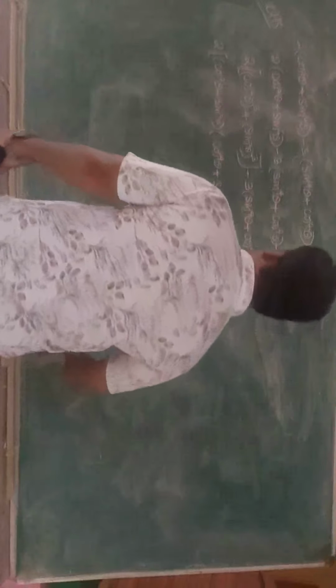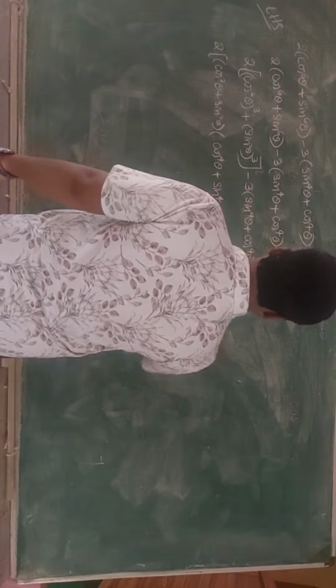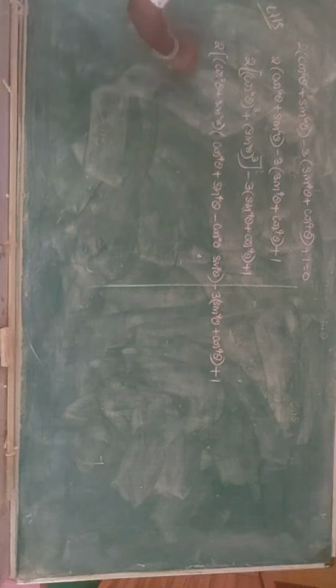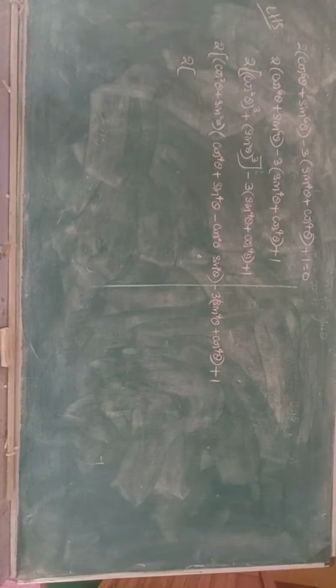sin to the power 4 theta plus cos to the power 4 theta plus 1. Okay, 2 into bracket. What is cos square theta plus sin square theta? 1. Cos square theta plus sin square theta is 1.